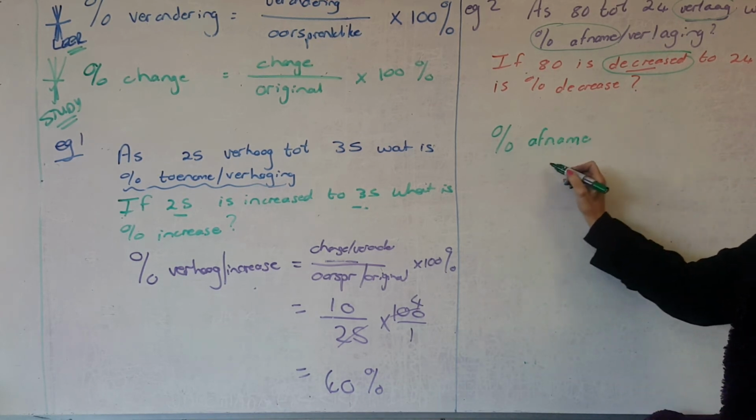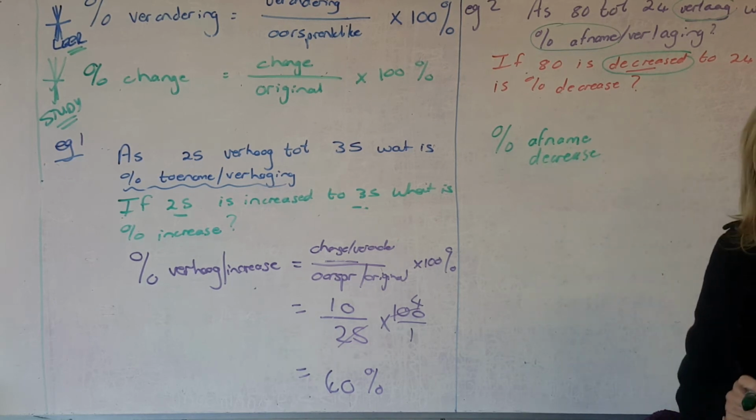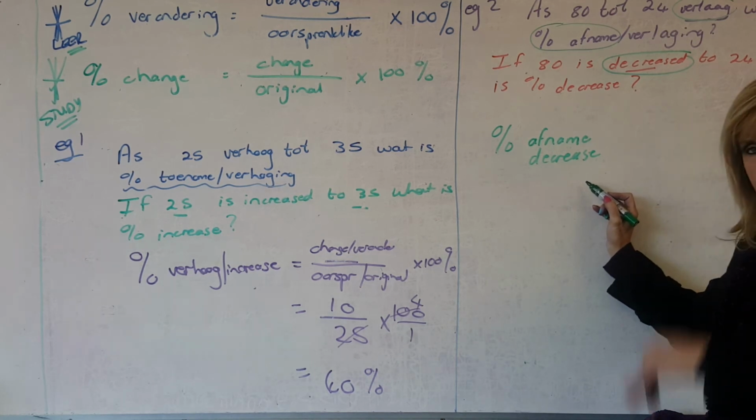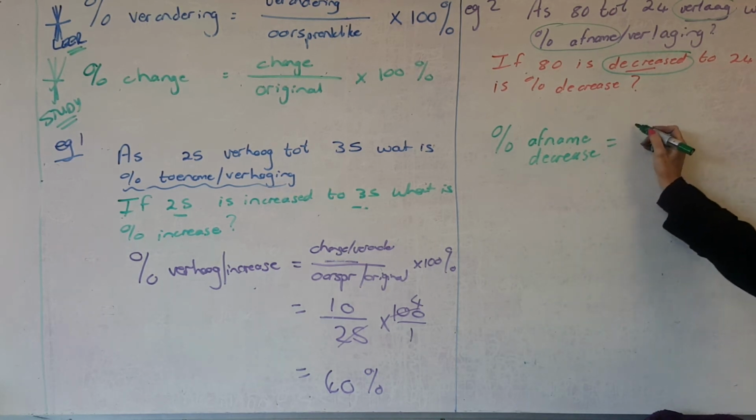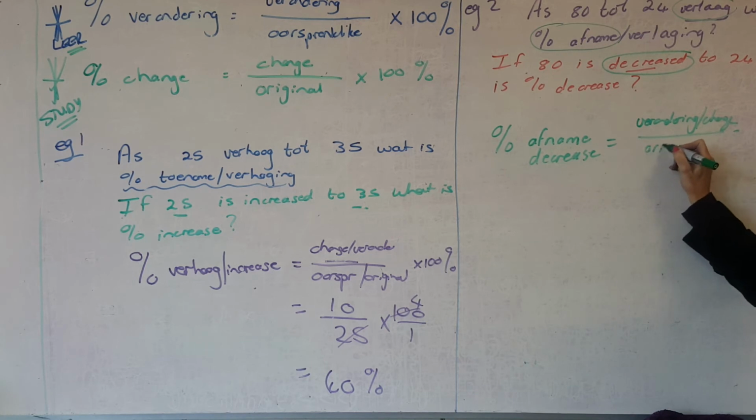So this was percentage decrease. How much was the percentage that it decreased with? So the change was that there was a decrease. En dit staan altyd op die verandering, the change, verandering of change, over original, die oorspronklike.